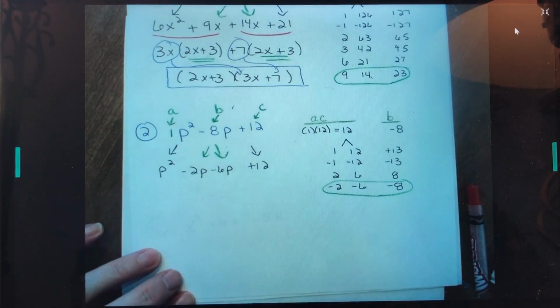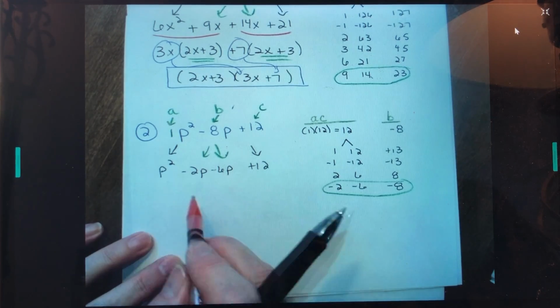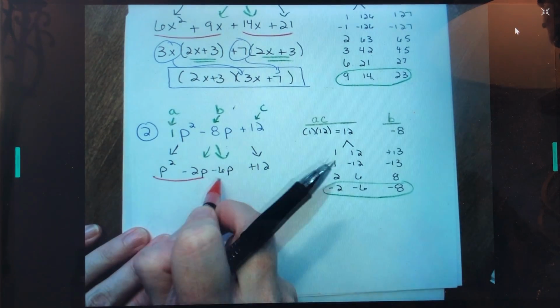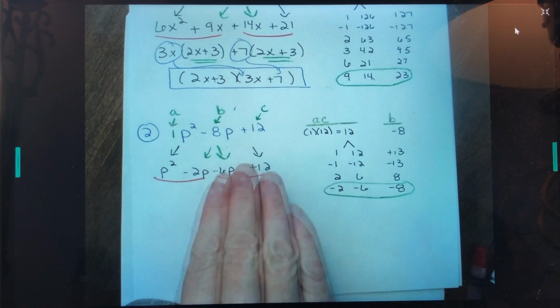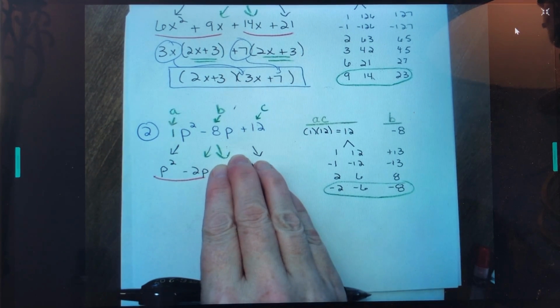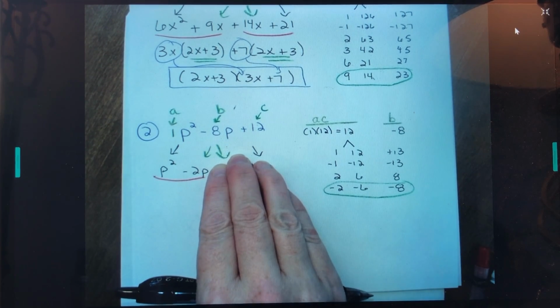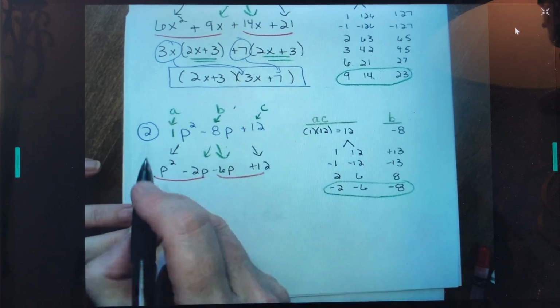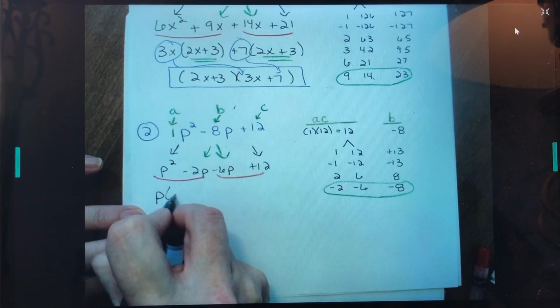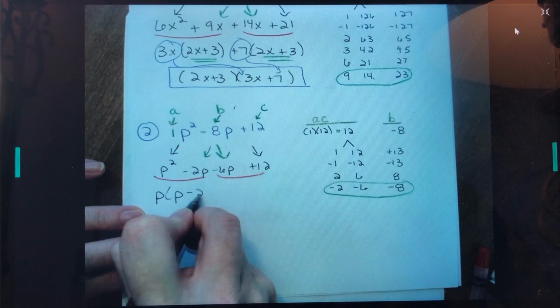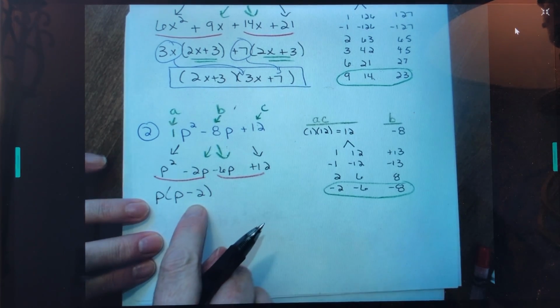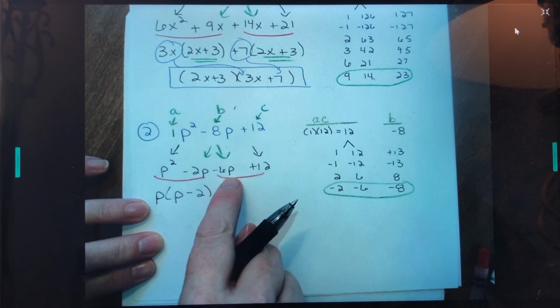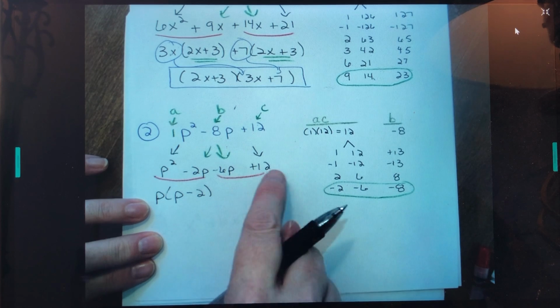Okay, now this turned it into a four-term expression, which means I'm going to group. So I'm going to group this, I'm going to group this. If I look at this first set, I can pull a p out as a greatest common factor. So I'm going to pull that p out and then write down what's left behind, which is p minus 2. Now here, it looks like I can take out a 6.